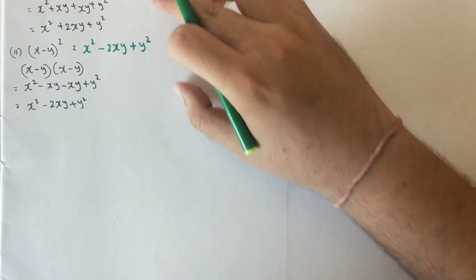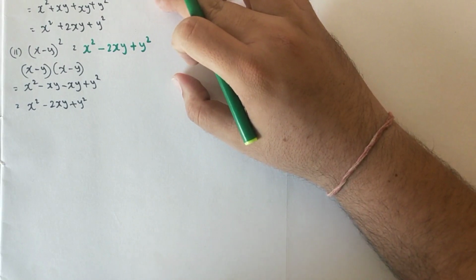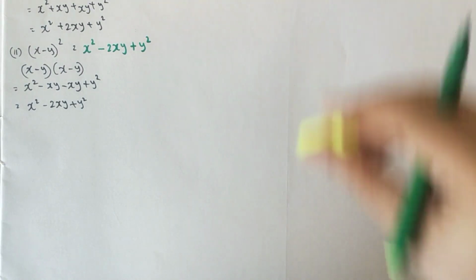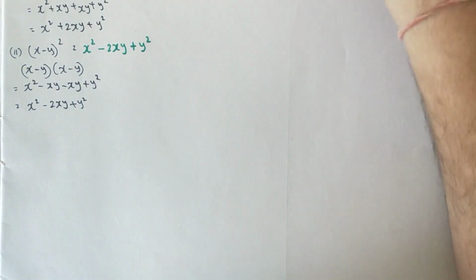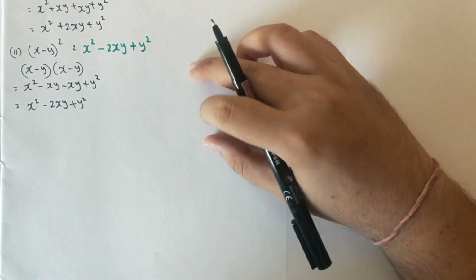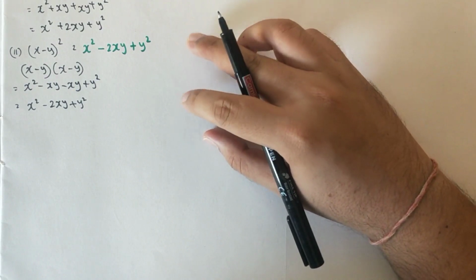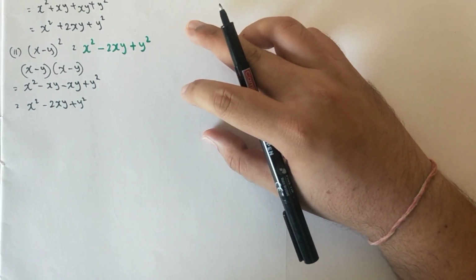That means either it is X plus Y whole square or X minus Y whole square. See, when you practice the sums, then also I am going to explain to you which identities you have to apply. This is just how the identities came, the explanation for those identities.